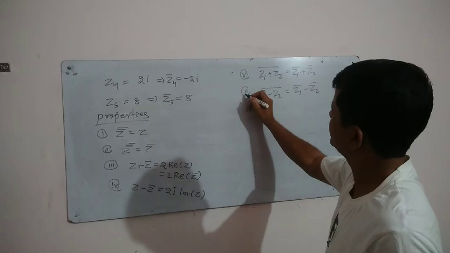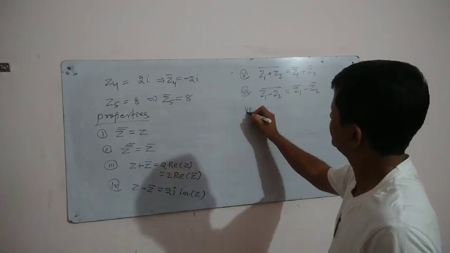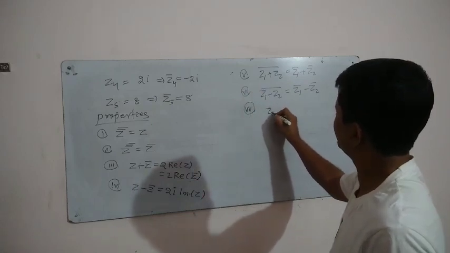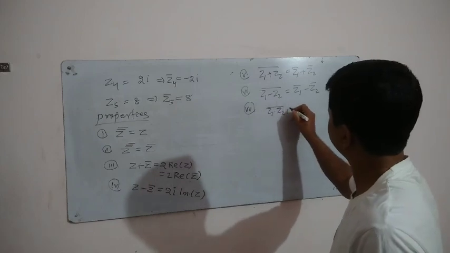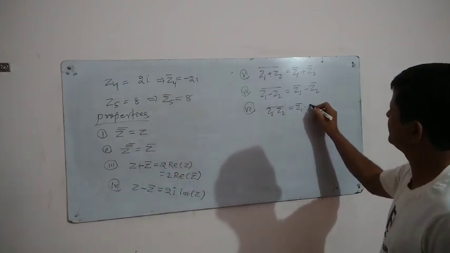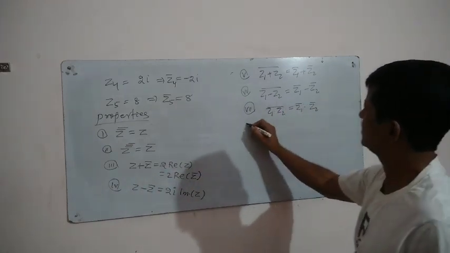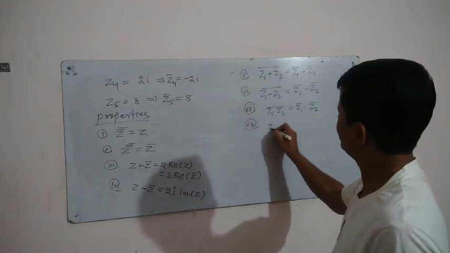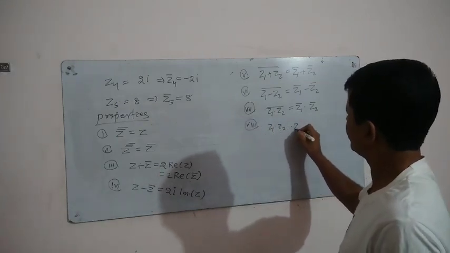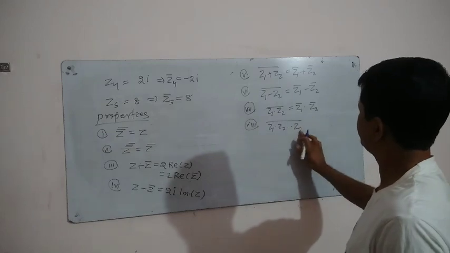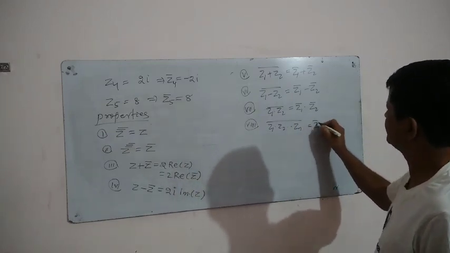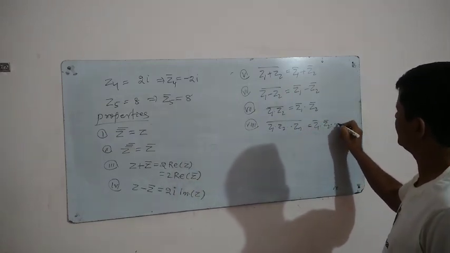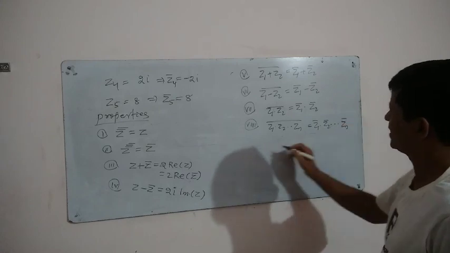Next, this is the sixth property and this is the seventh. Z1 into Z2 whole conjugate is equal to Z1 conjugate into Z2 conjugate. Eighth, Z1 into Z2 dot Zn whole conjugate is equal to Z1 conjugate into Z2 conjugate dot Zn conjugate.